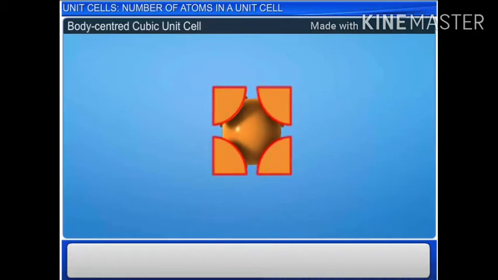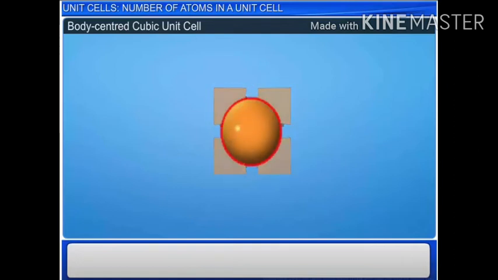It is clear that the 8 atoms at the corners contribute 1/8 of their actual volume each. In addition, one atom lies completely inside the cell.